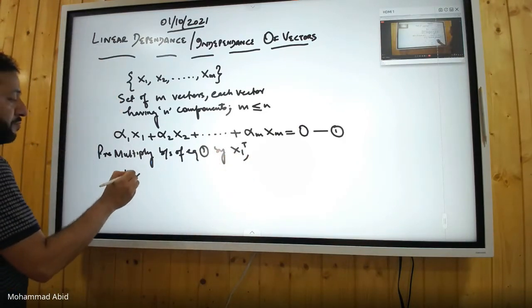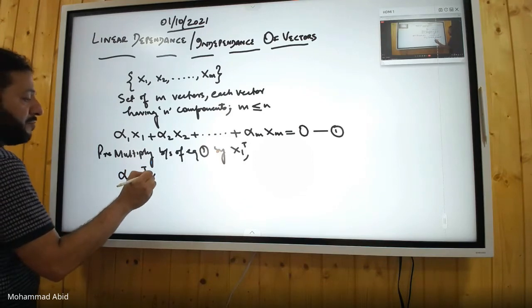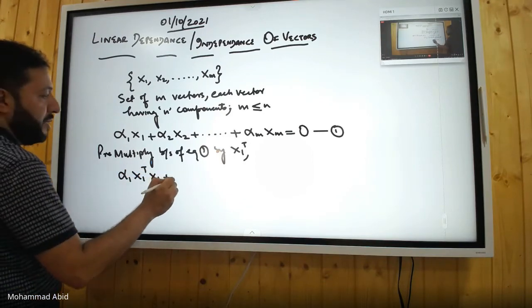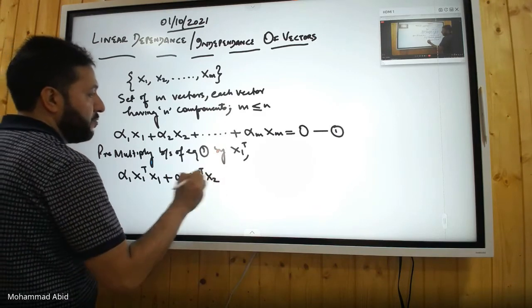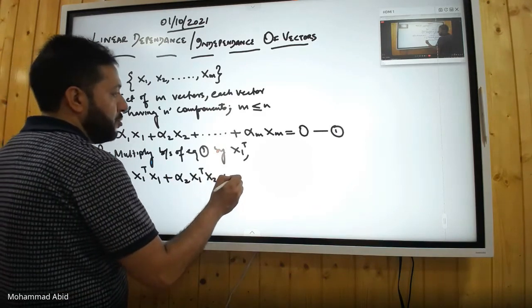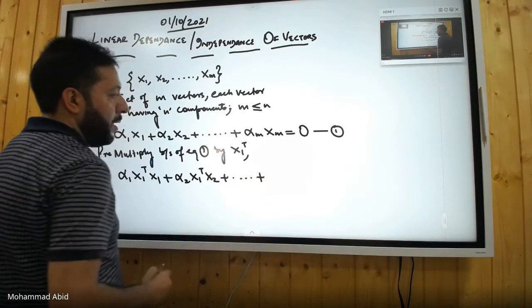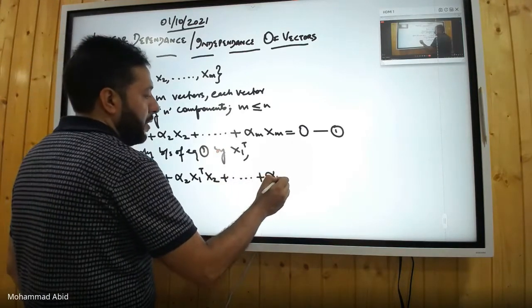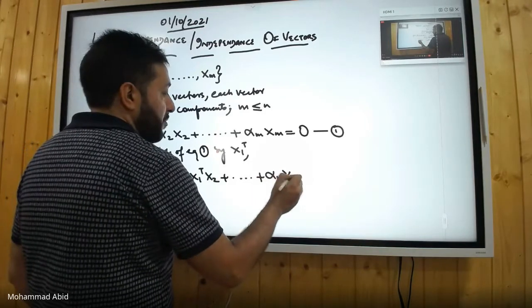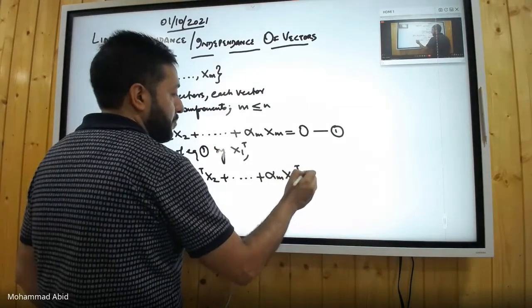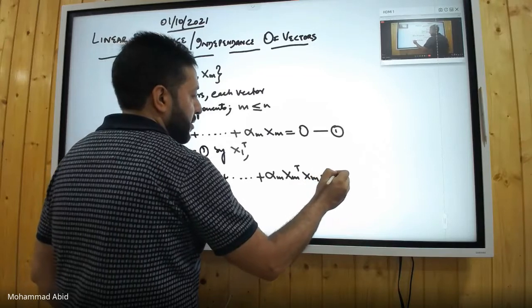Alpha 1 x1 transpose x1 plus alpha 2 x1 transpose x2 plus so on, alpha m x1 transpose xm is equal to 0.